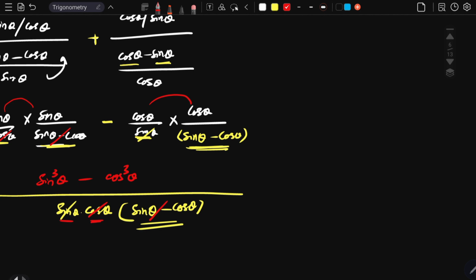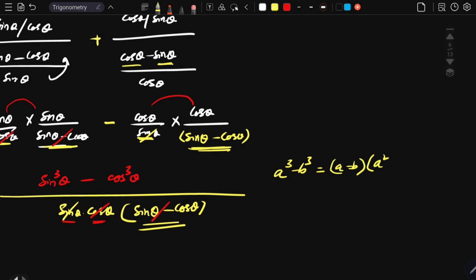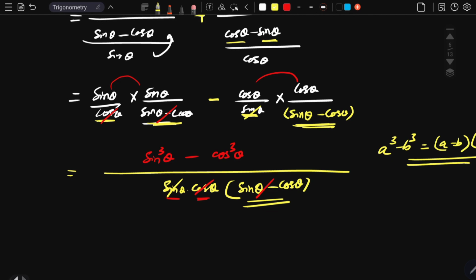In the numerator, we have a rule a cube minus b cube. It looks like a cube minus b cube. There is a formula: we can convert it to a minus b multiplied to a square plus b square plus ab. Expand this format, where a is equal to sin theta, b is equal to cos theta.